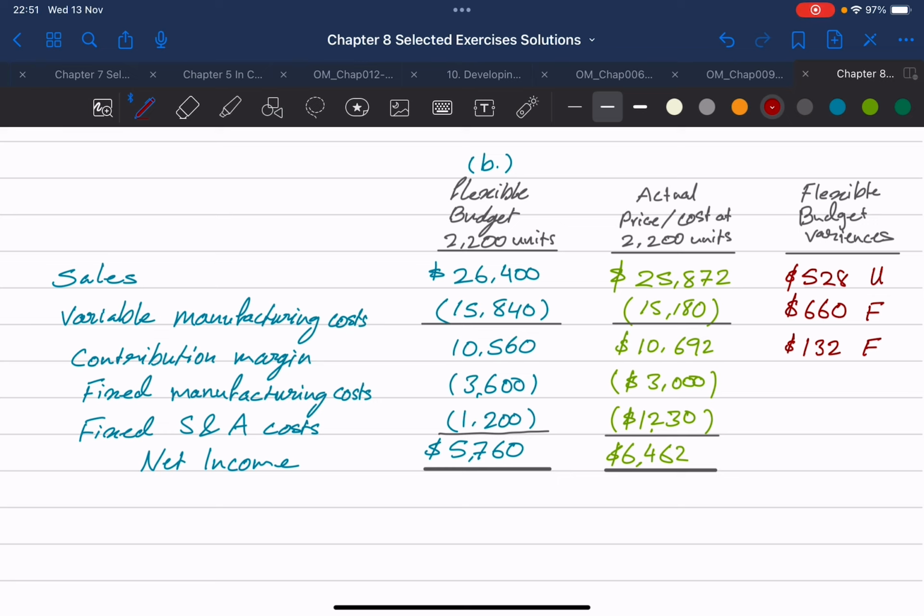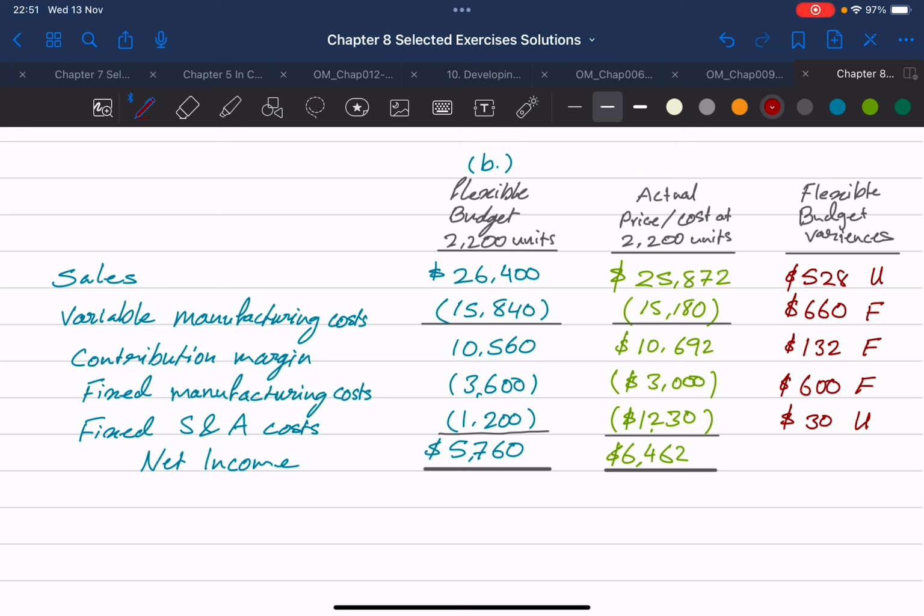The fixed manufacturing costs, the actual fixed manufacturing cost is lower than the budget by 600. That is also a favorable variance. The fixed selling and administrative costs is slightly higher, only $30 difference, but it's still higher, so that is an increase in the fixed cost, so that is unfavorable.